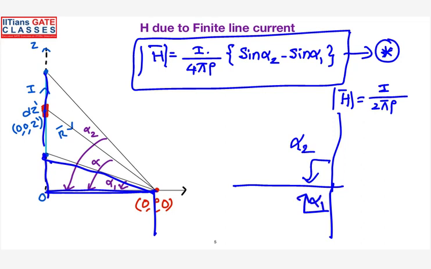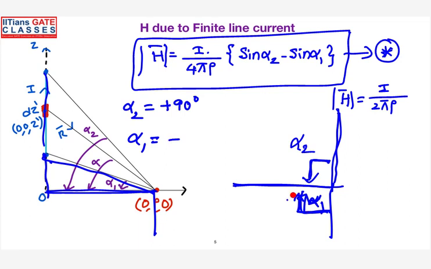So what will happen right now? This is your radial line, and the upper edge is going to make an angle alpha 2, and the bottom edge is going to make an angle of alpha 1. Alpha 2 you are measuring anti-clockwise, so that is positive. It is exactly 90 degrees. Alpha 1 is measured clockwise, and whenever you measure clockwise, you should consider it negative.